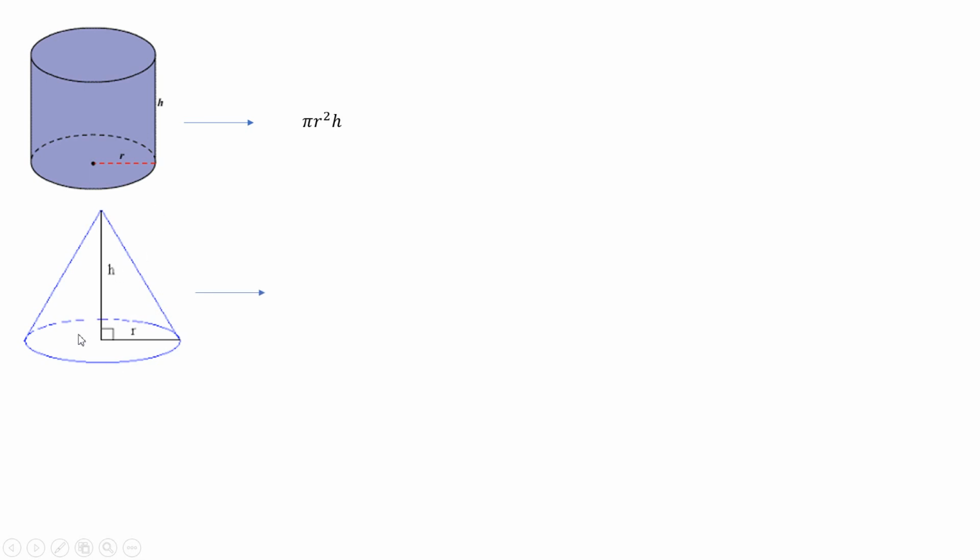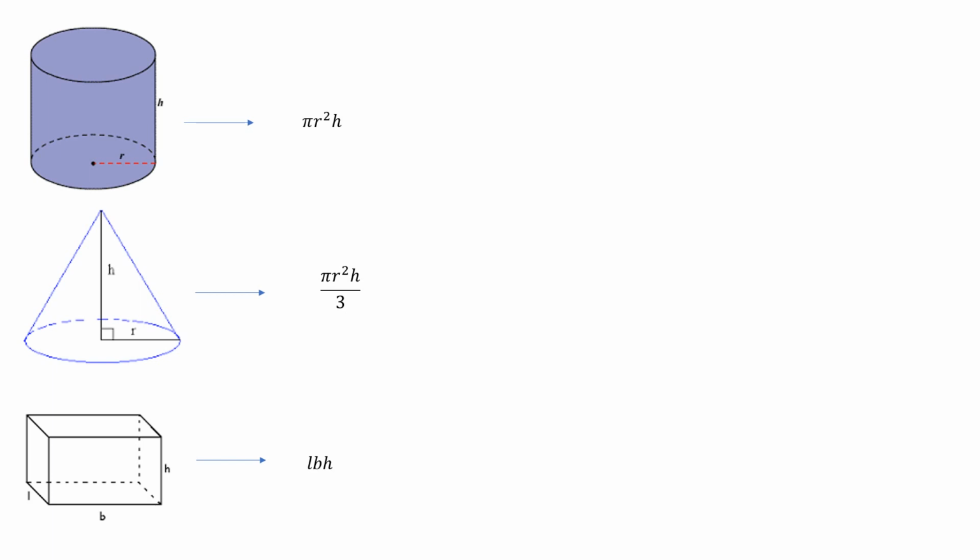Its volume is pi r square h divided by 3. Next we have a rectangular box, or rectangular prism, with a rectangular base of length L and width, that is breadth, B, and height h. Its volume is L B H, which is also base area multiplied by height.